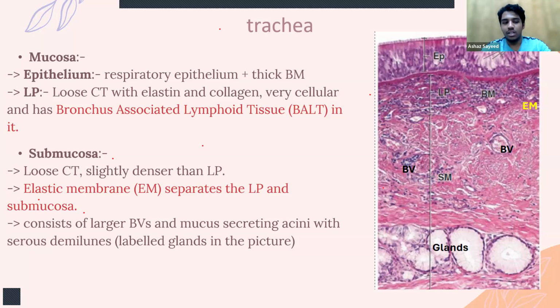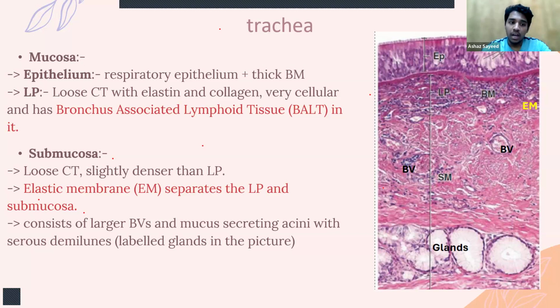It has loose connective tissue and is very cellular too. A lamina propria almost all the time has some kind of loose connective tissue, that's basically what it is. But in this case, it has something special, bronchus associated lymphoid tissue, aka BALT.